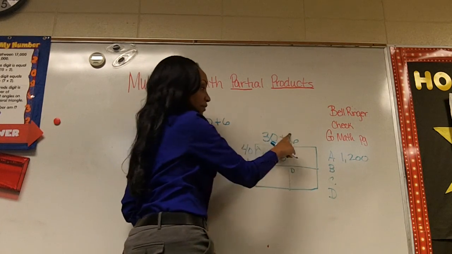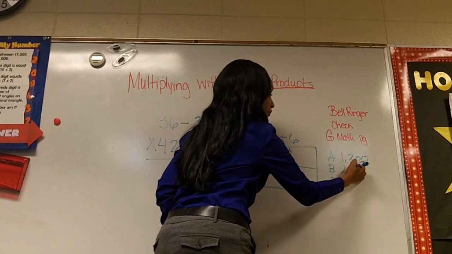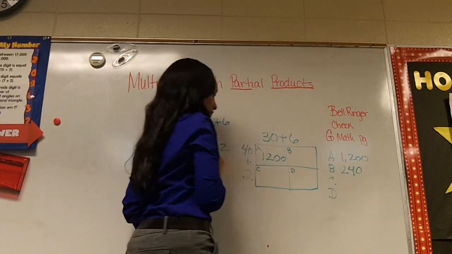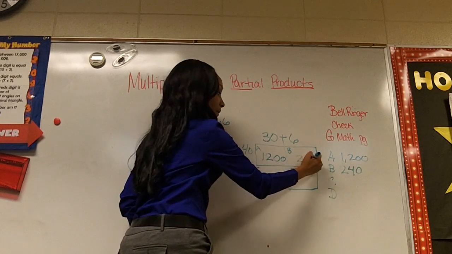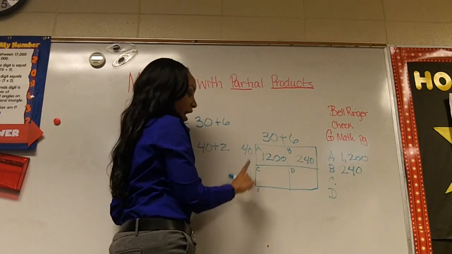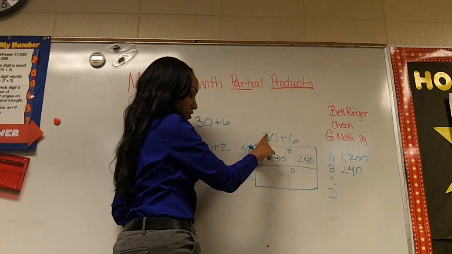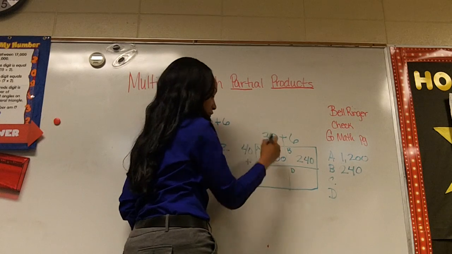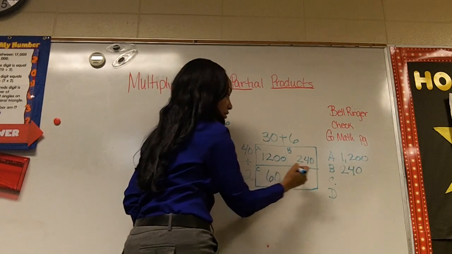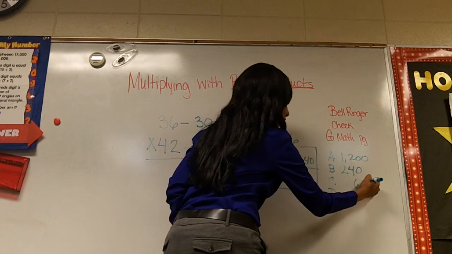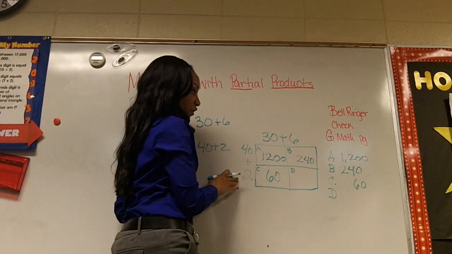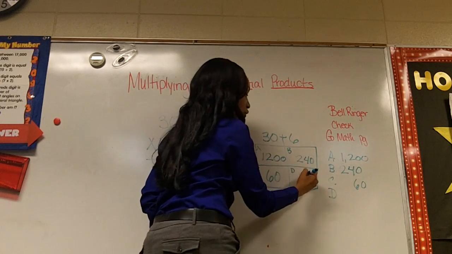I know that 4 times 6 is 24, and I'm going to add my 0. Then I'll take 2 times 30. I know that 2 times 3 is 6, and I'll add 0. And then I have 2 times 6, which is 12.